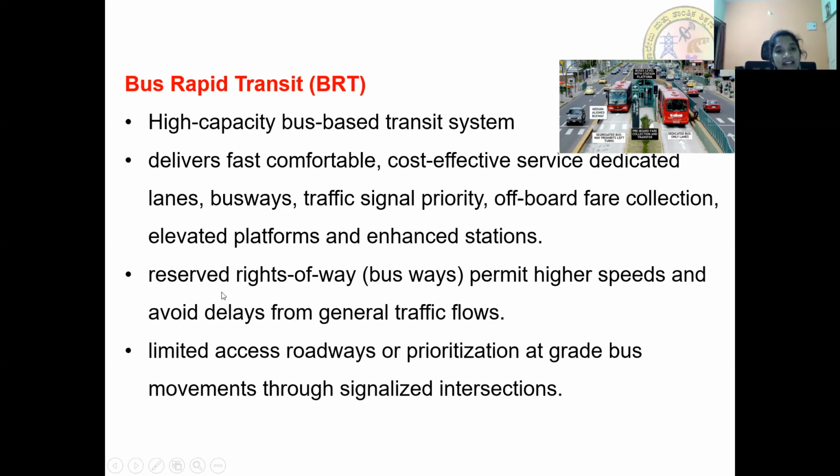It has a reserved right of way, permitting higher speeds and avoiding delays from general traffic flows. It has limited access roadways or prioritization of at-grade bus movements through signalized intersections.